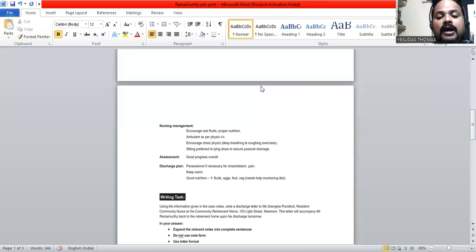So you know that this is a known case. Ms. Georgine Ponswand knows who Mr. Ramamurthy is, what his condition is, and what his social background is. So we are not going to say all these things.